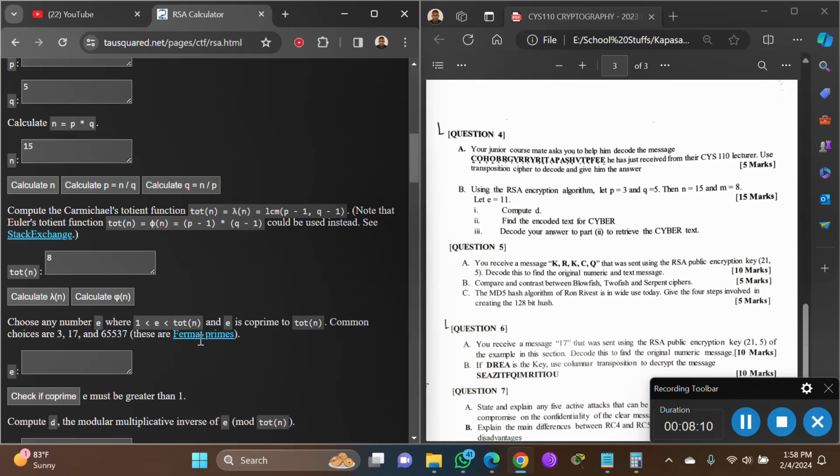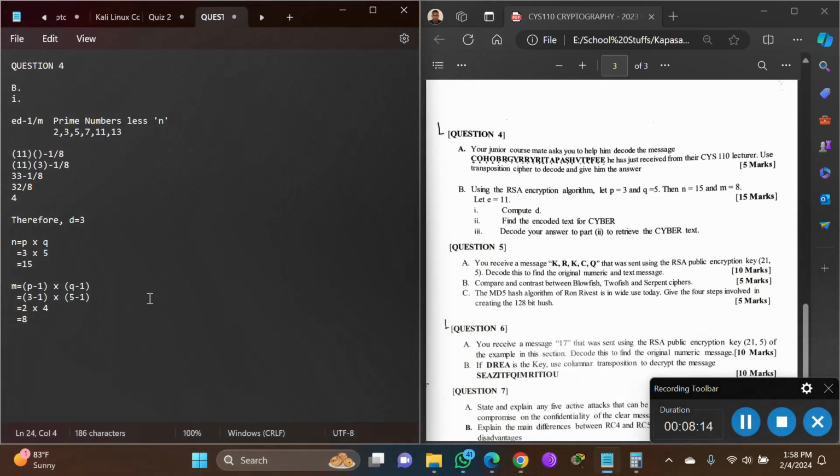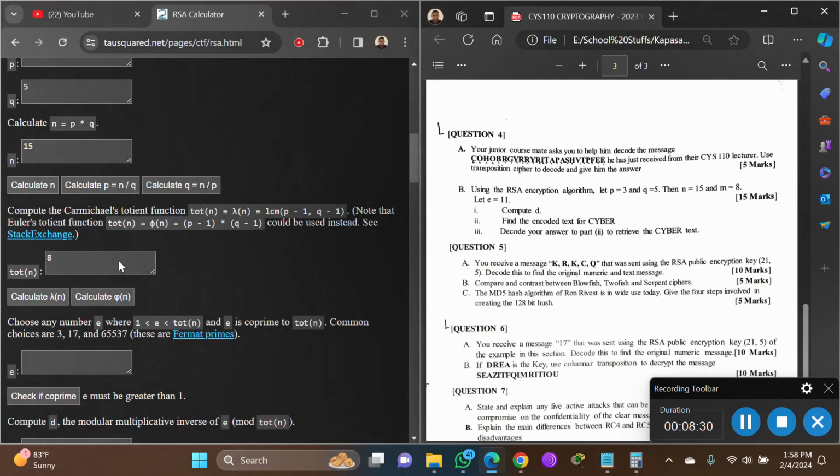But based on the list we had, we were listing numbers less than 15. So we can pick any of these prime numbers, and based on their question, they picked 11. 11 is part of our list, so here we just need to pick 11. You don't calculate for E, you just choose. So we say 11.